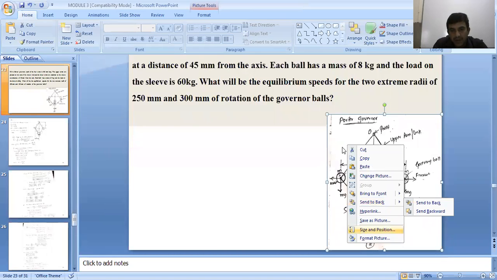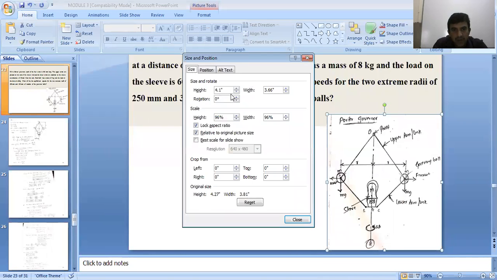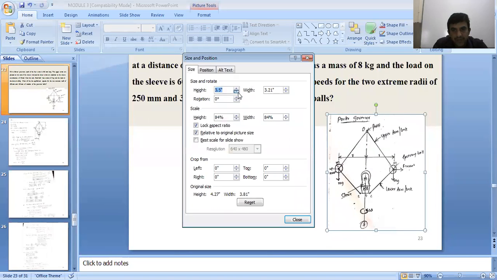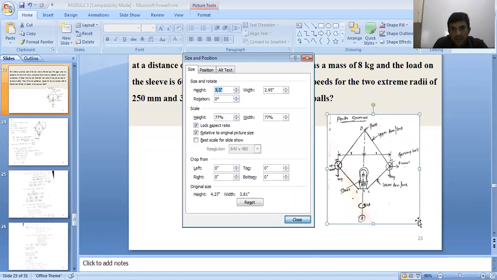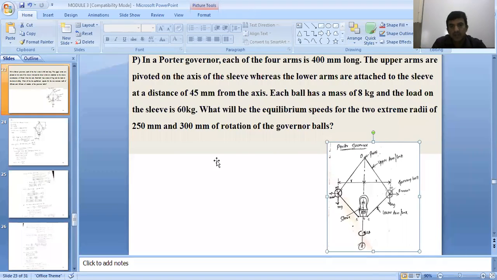Yes, see, first identify the type of governor. It is a Porter governor. Immediately you draw the sketch for the Porter governor. Each of the 4 arms is 400 mm long.